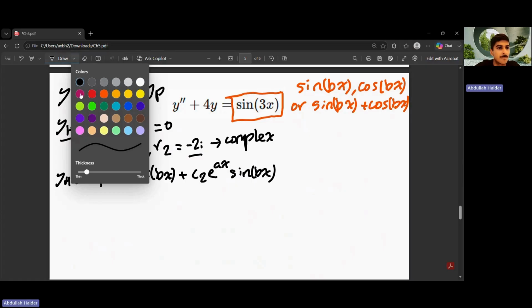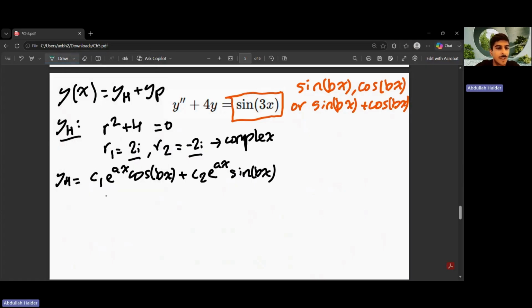So now we substitute whatever we have for a. Basically our a is 0 here, and why? Because a is the real part and we don't have a real part in the roots. So a is 0 and b is the positive coefficient of the imaginary part, which is 2.